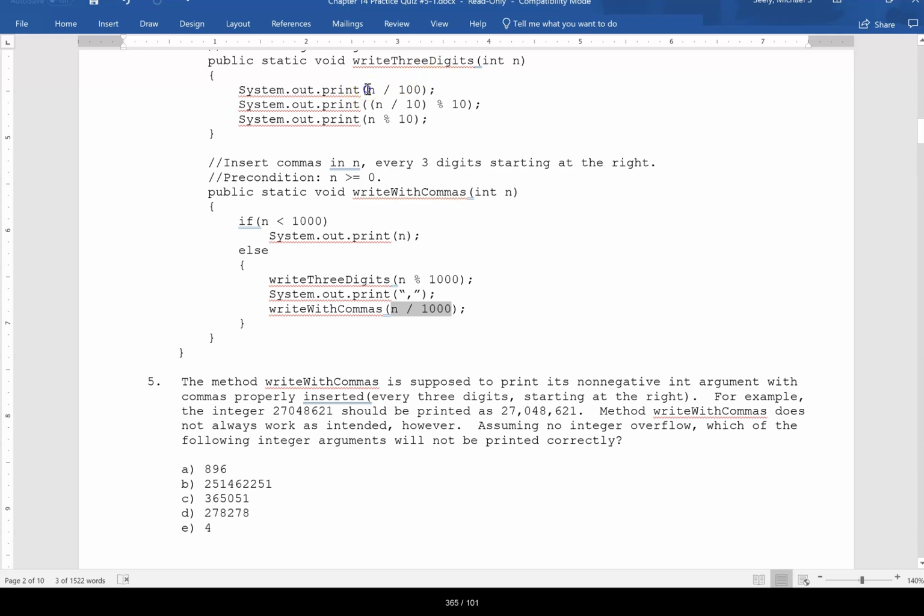So 365 divided by 100 would give us 3. 365 divided by 10 would give us 36. Modulus 10 goes in 3 times, so it's 6. So 3, 6, and 365 modulus 10 would give us our 5. So that would print 365. And then we do a comma. Okay, we did this at first, and then we would do right here.